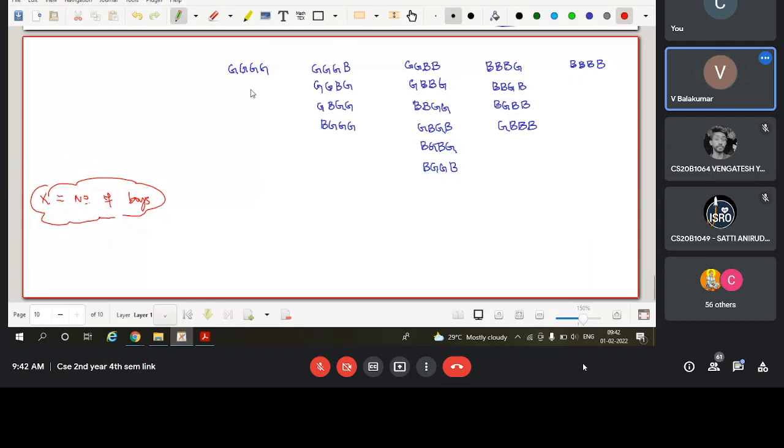Now, for this category, X is becoming 0. Look at this. The number of boys is 0 in this category. For these 4 outcomes, X equals how many boys are there? 1 boy. Here 2 boys. Here 3 boys. Here 4 boys.